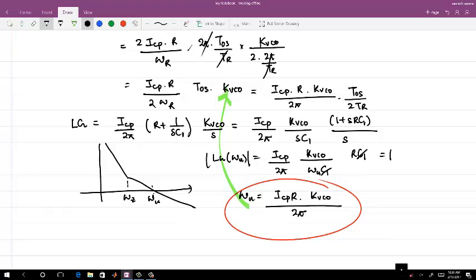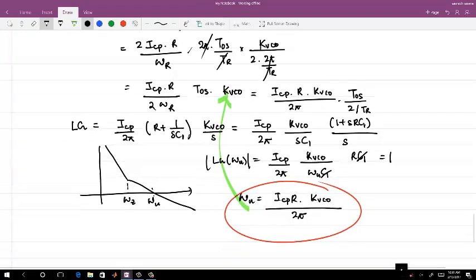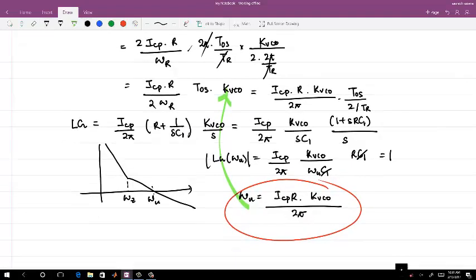Omega I is 2 pi by TR. Is there any factor wrong here? I'm just wondering. It should not be. Okay, let's see what happens.